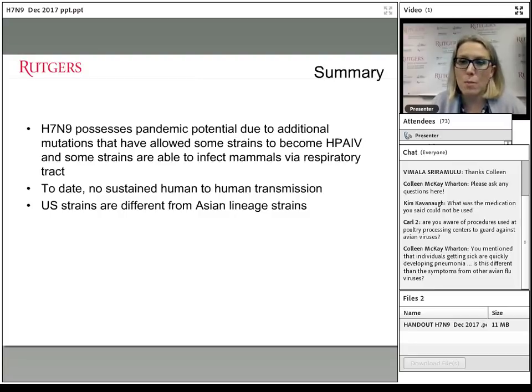And again, just as another take-home message, our strains here in the United States are different from the strains that are being seen in China. Although, with global travel, anything I guess is possible if somebody were to be sick. But again, I think the likelihood of that could be very low.